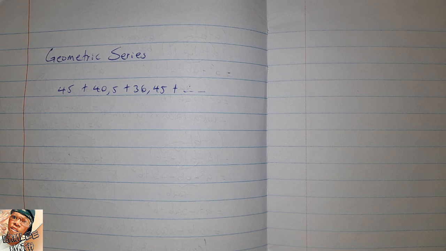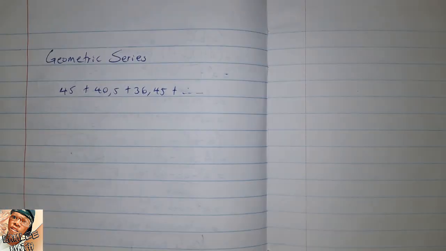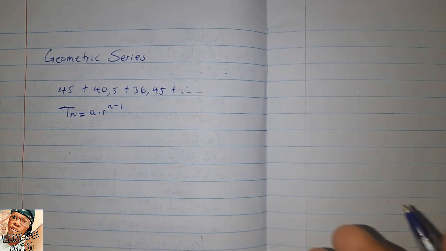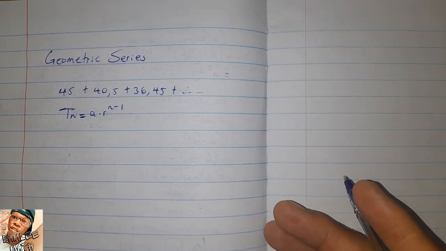Analyzing this information, I can notice that because it is a geometric series, the nth term formula is Tn equals A multiplied by R to the power n minus 1. This is the nth term formula.